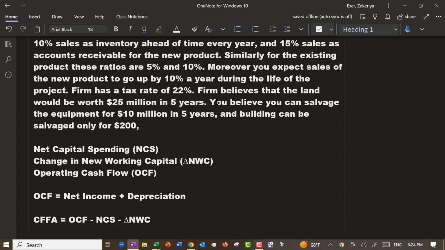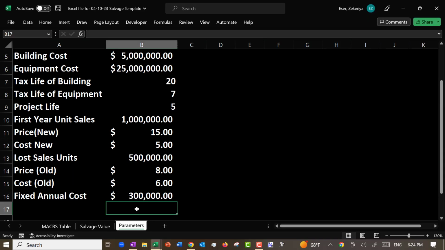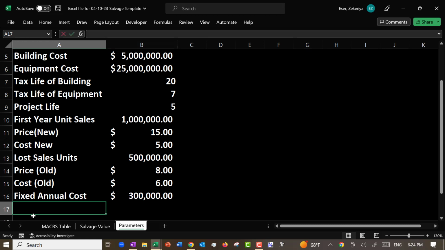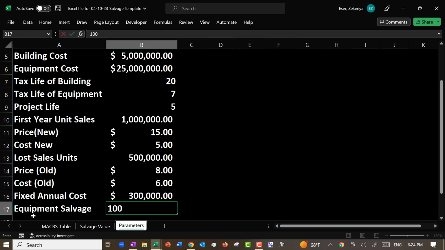It's probably a building specific to a task. You'll just scrap it for raw material. I'm just making up the numbers. So equipment salvage. Building salvage.